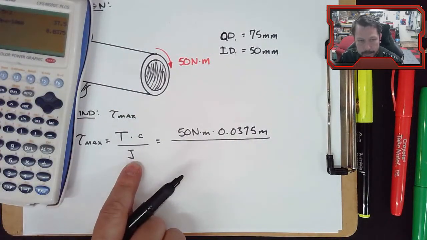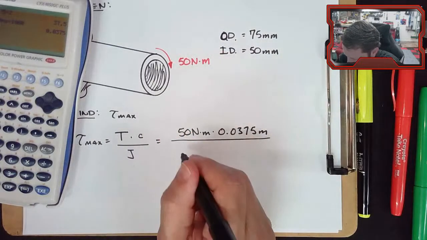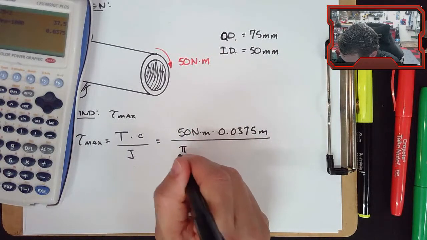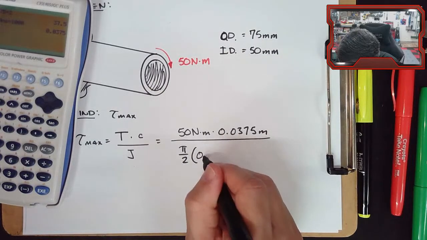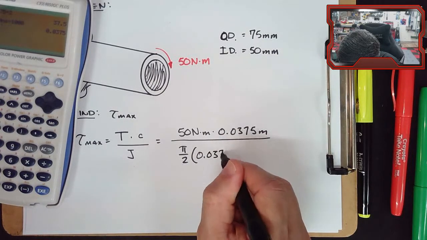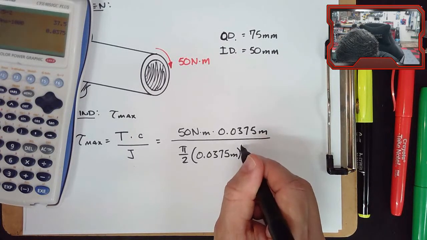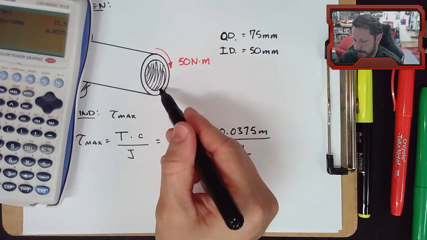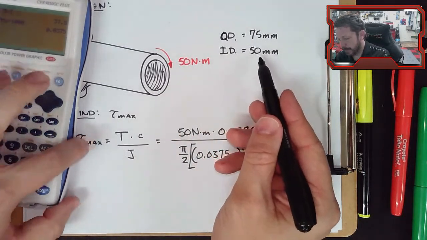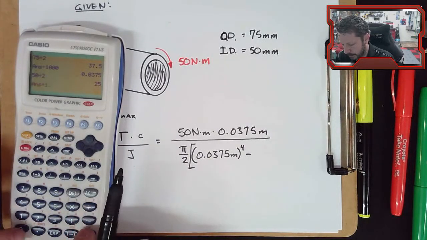Divide by J, the polar moment of inertia. It is a hollow tube, so pi over 2 times C to the 4th, this is C, minus B to the 4th. B is the inner radius. We have the inner diameter at 50. Divide that by 2 and divide by 1,000.